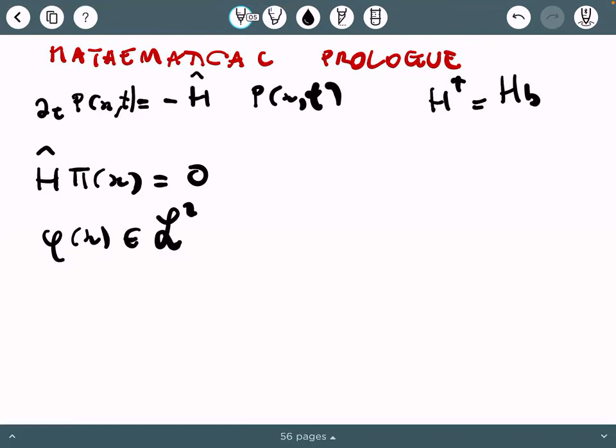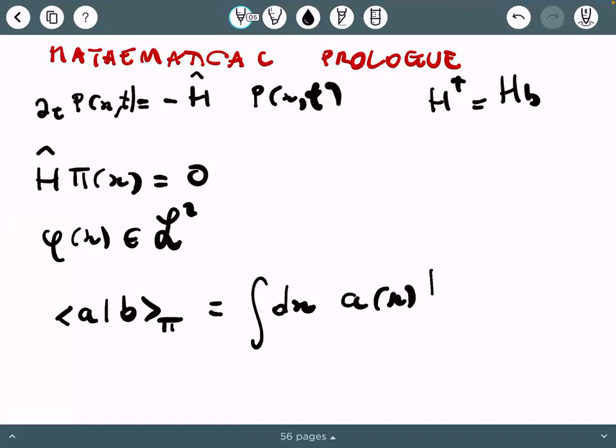Please stop me if you're not familiar. Except for Federica, who's a mathematician, the rest of this group is from physics, right? So you should be familiar with this concept. If for any reason you're not, just let me know, okay? So the first inner product I am interested in defining is one in which I take my 2 functions, multiply them, and average them with the Boltzmann distribution.